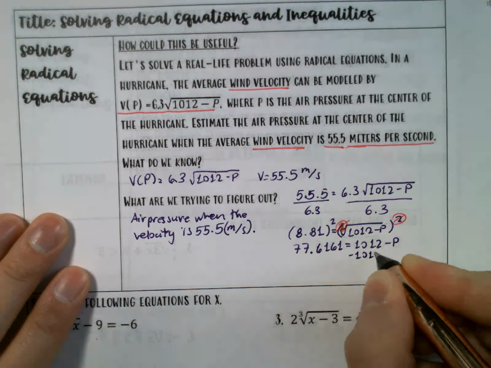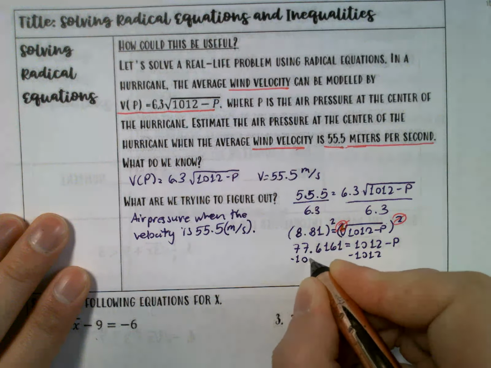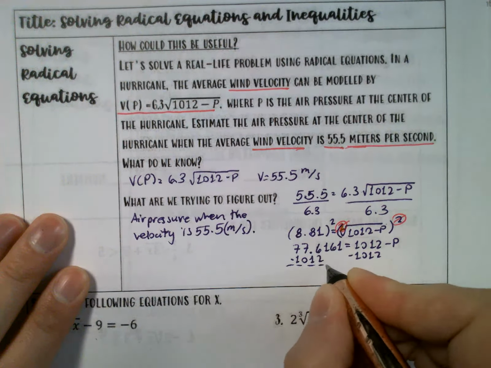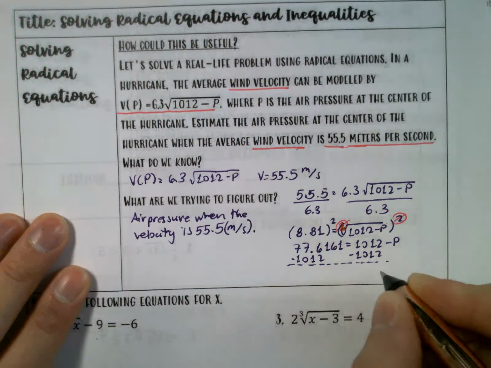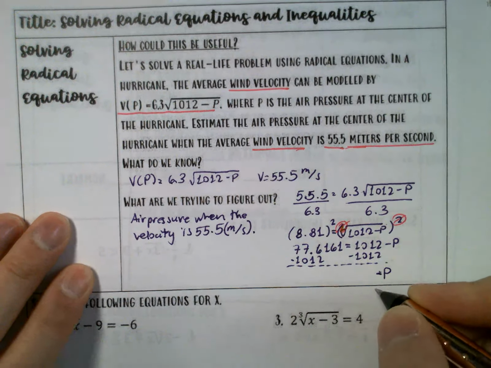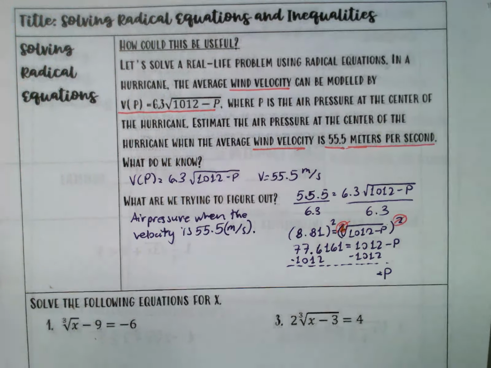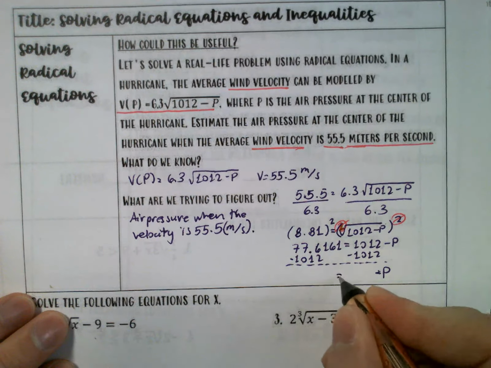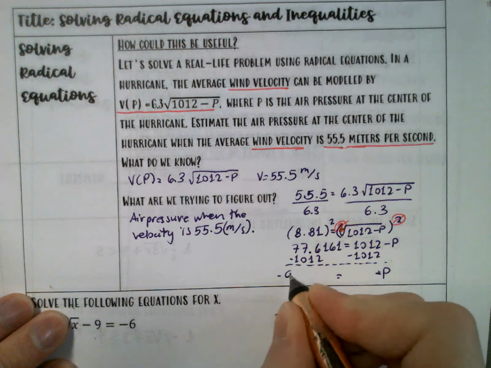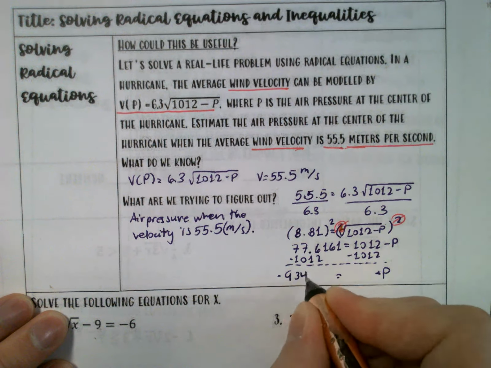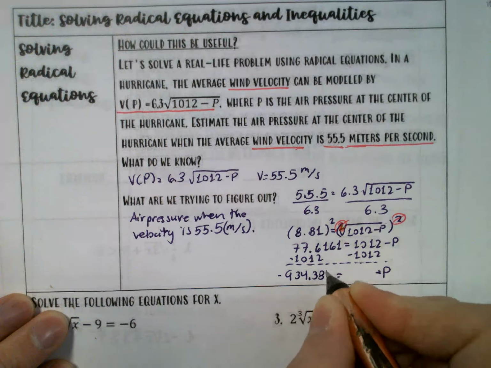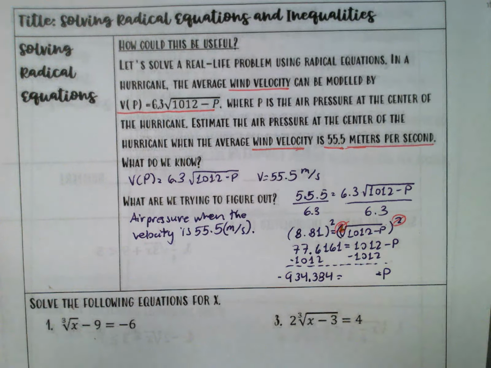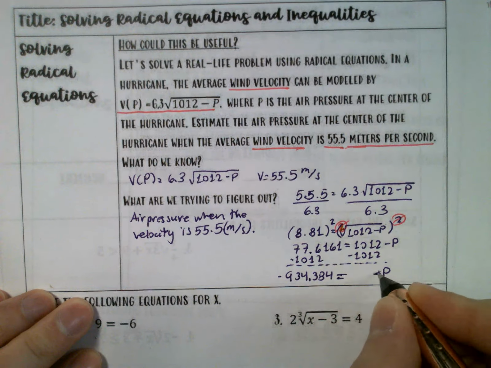Subtract 1012 from both sides. Now, don't panic. You're going to get a negative number, but that's okay because we have a negative P, which means we can divide both sides by -1 and cancel out the negative. After we do that, we get -934.384, and that is equal to negative P over here.